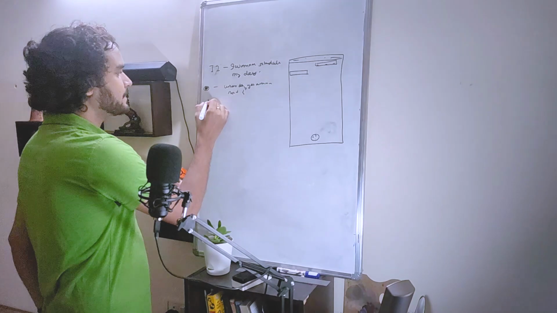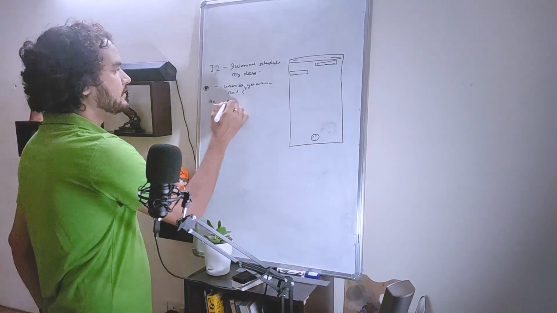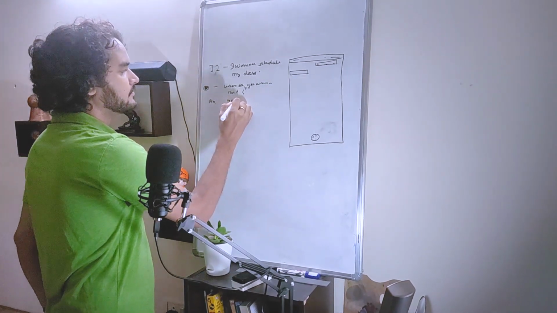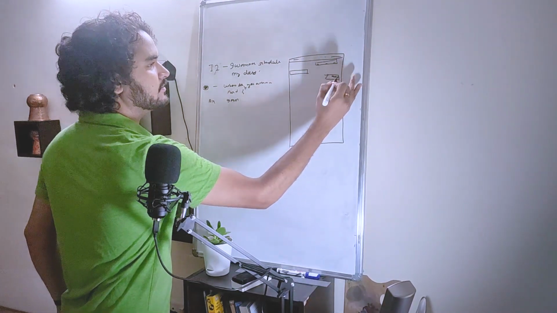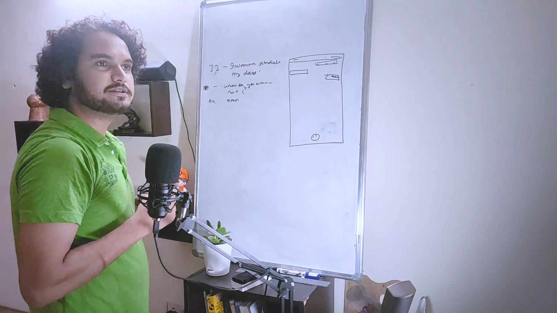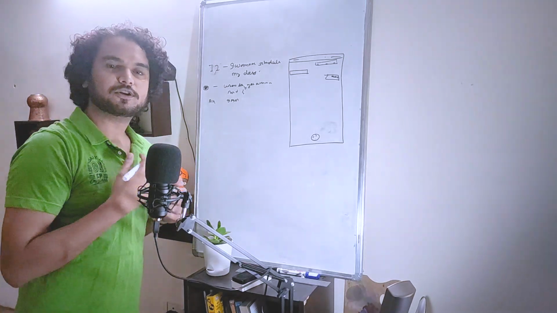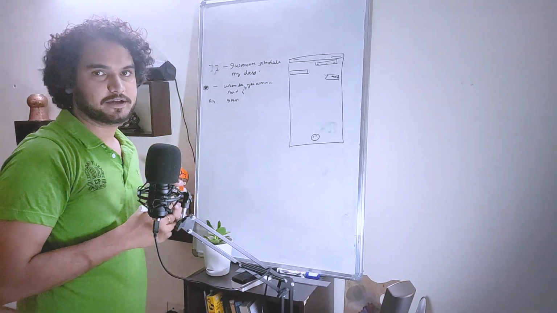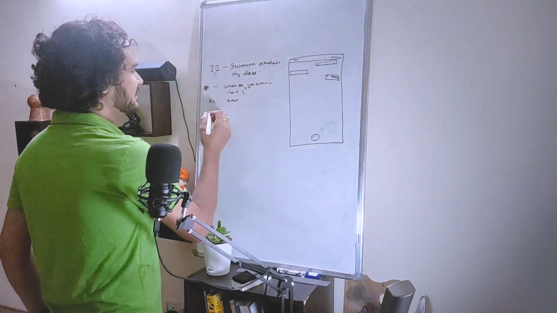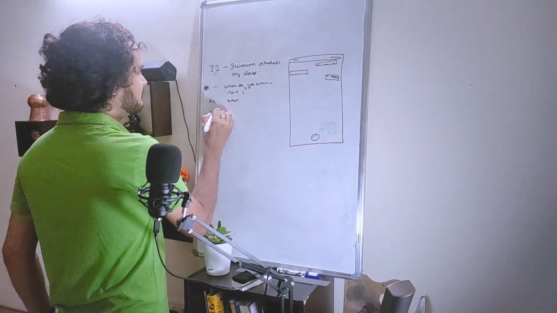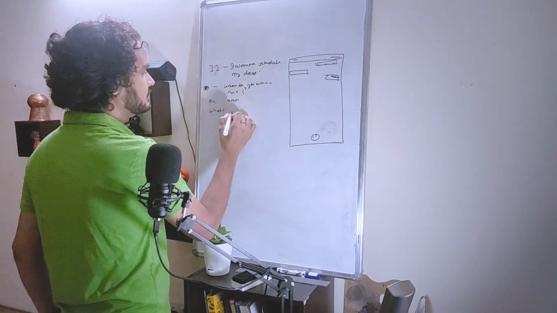Then I will say 9 a.m. So 9 a.m. answer will come here. Okay. So then assistant will ask me, what are you gonna do at 9 a.m., right?